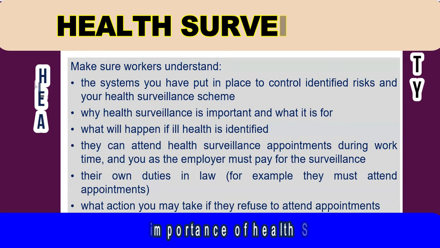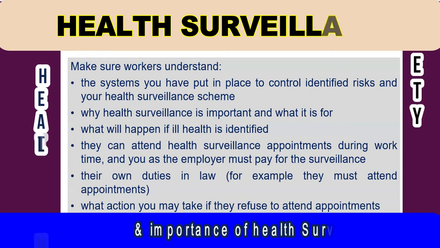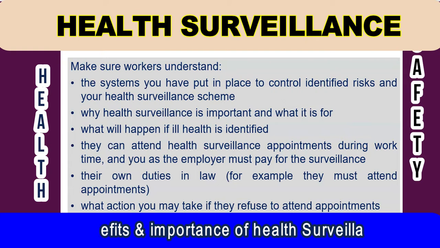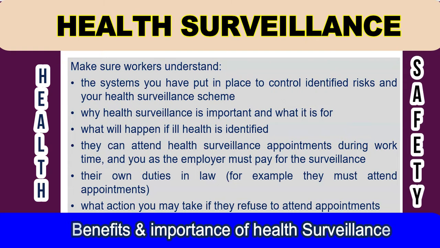They can attend health surveillance appointments during work time, and you, as the employer, must pay for the surveillance. Their own duties in law, for example, they must attend appointments. What action you may take if they refuse to attend health surveillance appointments.